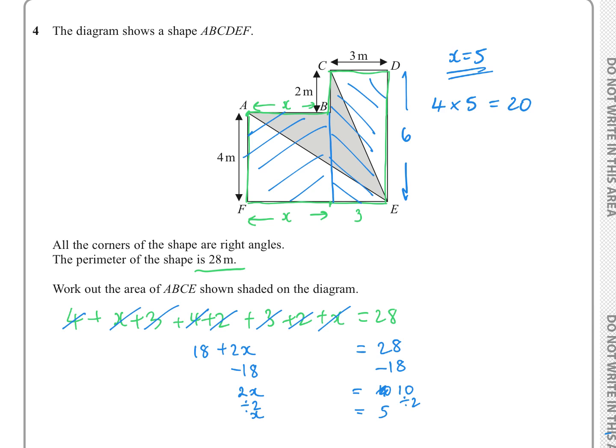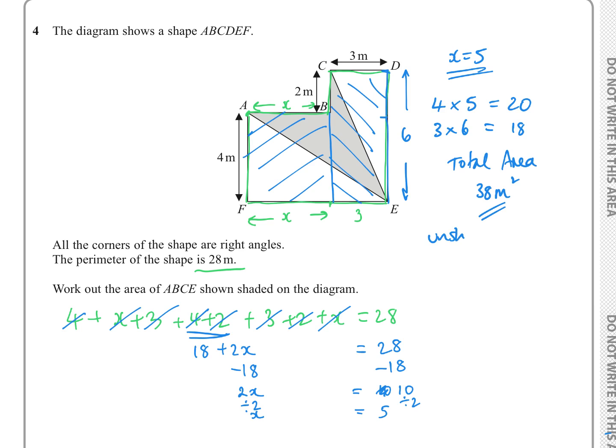I didn't label it from the beginning, but it was 4 and 2. It was this bit. So we've got the area of the other rectangle is 3 times 6, which is 18. So the total area is going to be 38 metre squares.